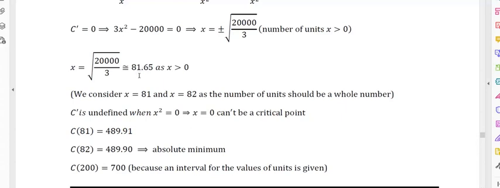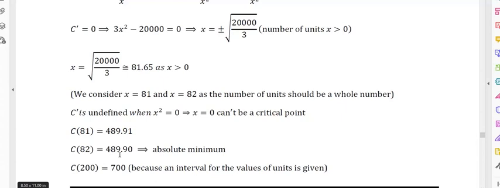This is mathematically, yes, but according to the economy or the financial point of view of that application, we need to consider the 81 and the 82, and hence we will evaluate the cost at these two quantities that we picked, and we will get the one which minimized the cost, which has the least value, which is 489.9.